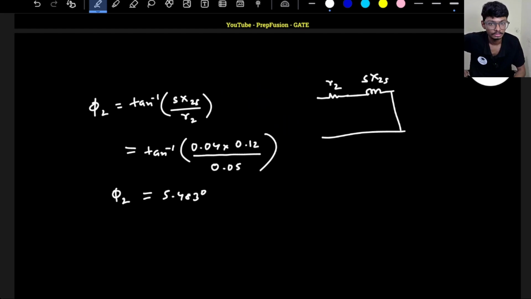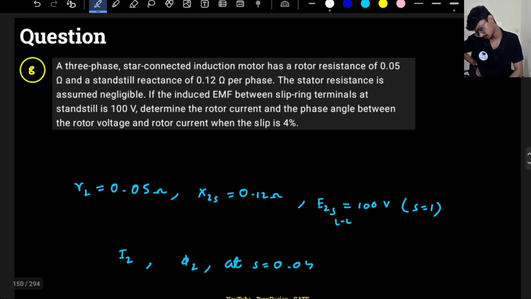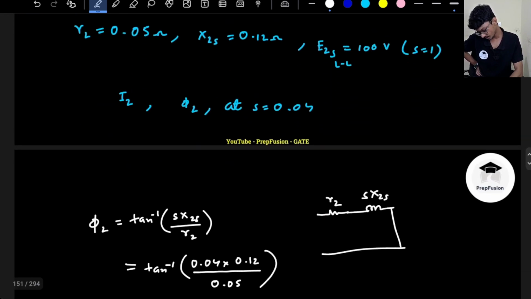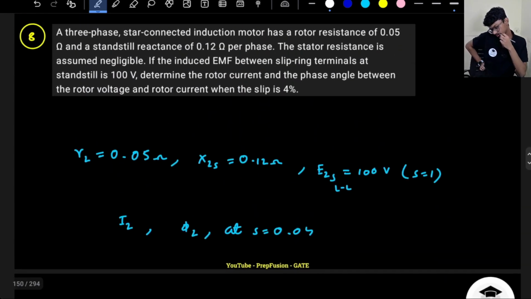Now how do I calculate the rotor current? So rotor current is again okay. I know the EMF induced between the slip rings, at standstill.